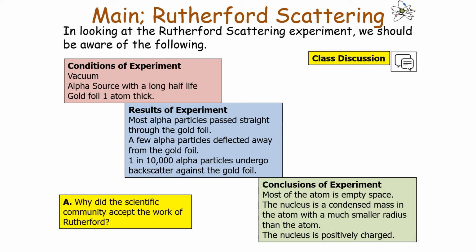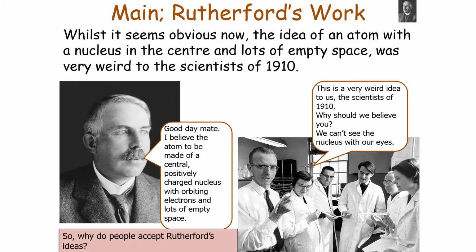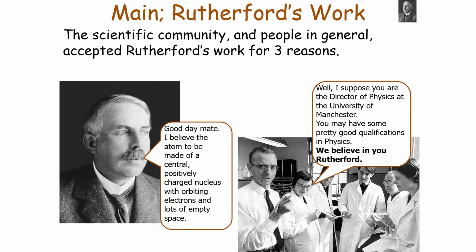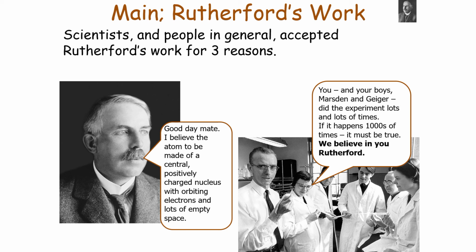Now, why did the scientific community accept the work of Rutherford? So why did people believe this idea? Well, the first reason is Rutherford was the director of physics at the University of Manchester, so he had a great body of work behind him in physics. Secondly, he did the experiment lots and lots of times. He repeated his experiment thousands of times and got consistent results.